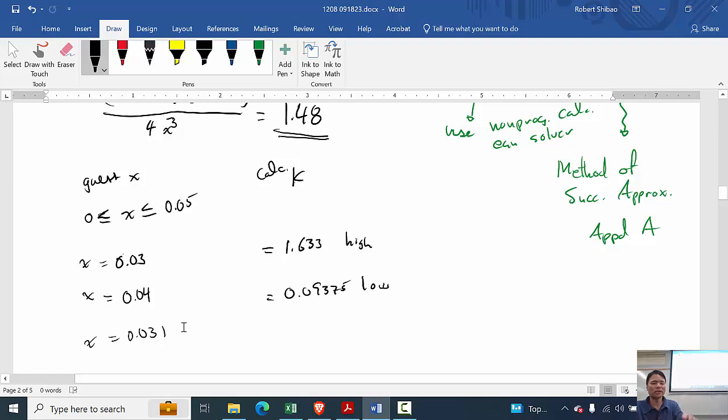All right, let me try this with this calculator. 0.031 times 2 minus 0.1. I'm going to square that whole thing. Times, okay, 0.1 minus 0.031 would be 0.069. 0.069 divided by 4 divided by 0.031 cubed.